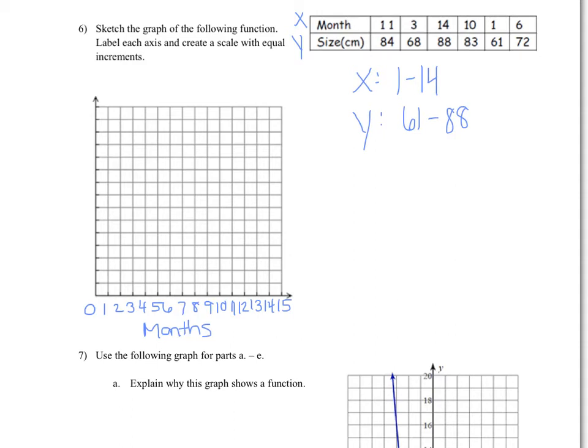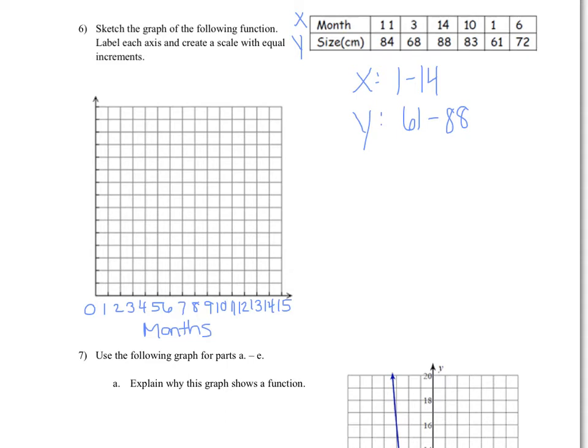So now we have to figure out y's. If we went by 5s and we have 15 blocks, 15 times 5 is 75, but that clearly won't cover us up to 88. So we could do one of two things. We could make a break in the graph and then go by smaller increments, or we can go by tens, for instance.